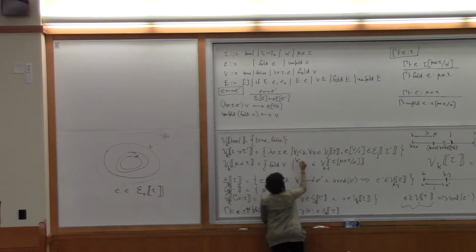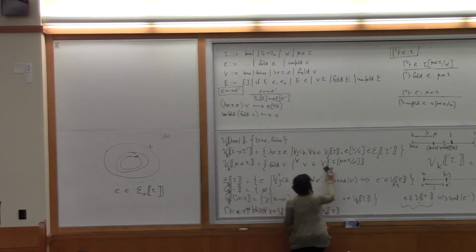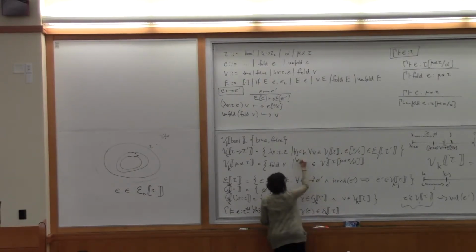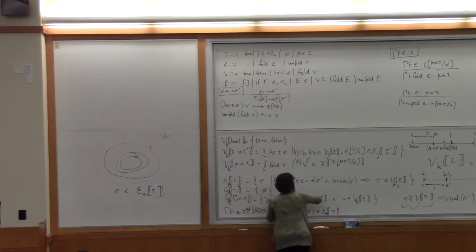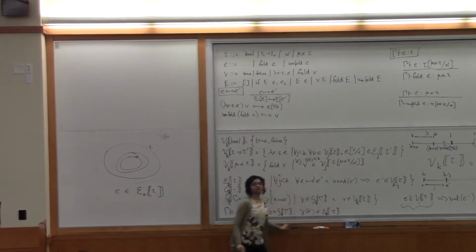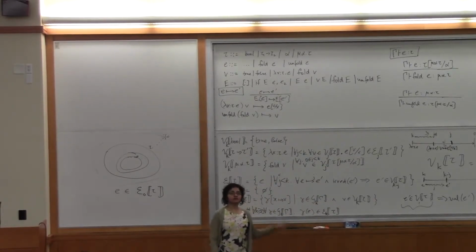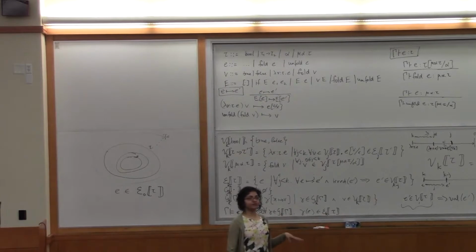I should have said, let's write this differently. For all j, such that j is, we can put a check here that j is actually a natural number, but it has to be strictly less than k, and now I'll put j here. This is slightly more general than what I had before, but they're equivalent, actually.